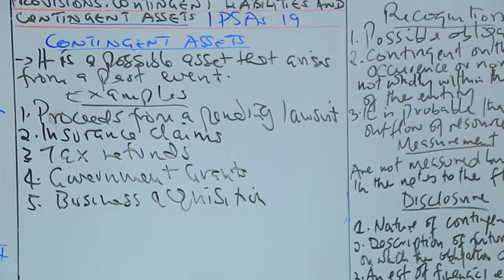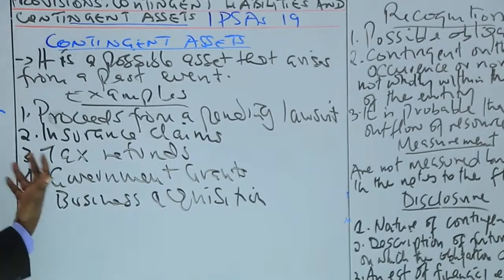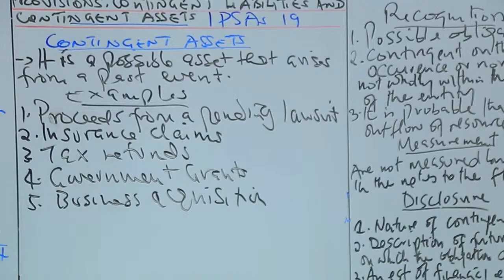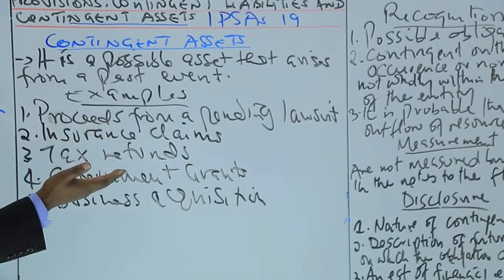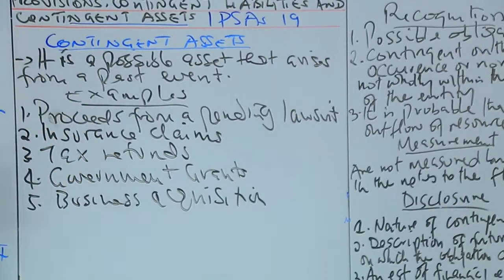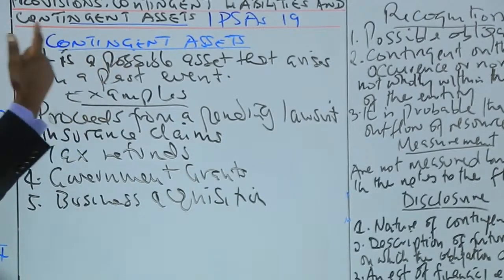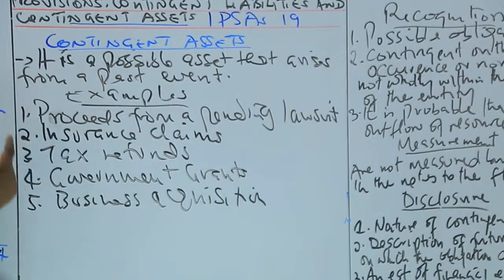We've defined a contingent asset as a possible asset that arises from past events, and whose existence will be confirmed only by the occurrence or non-occurrence of one or more uncertain future events not wholly within the control of the public sector entity.